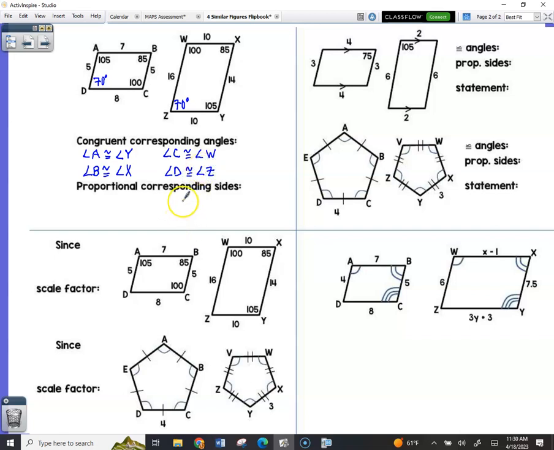Now it's going to say list the proportional corresponding sides. So just start going around the shape. You can label, in this case, you have a small and then two smalls and then a medium and a large. You could label it as that to help you.